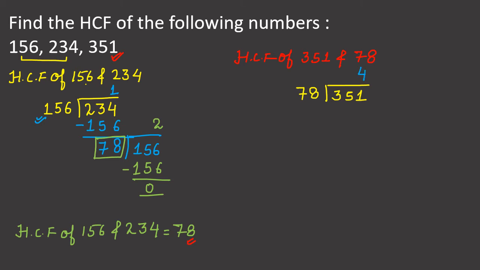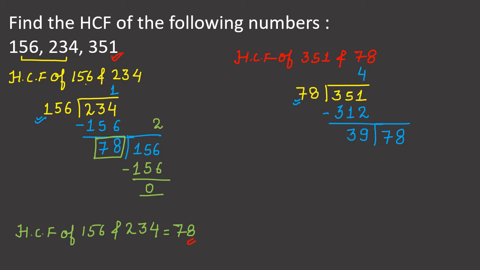78 fours are 312. Subtract them. Here 9 will come and here 3 will come. So remainder is 39. Now 39 will be the next divisor and write 78 as dividend.